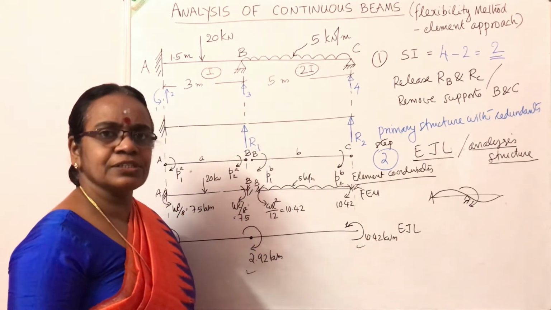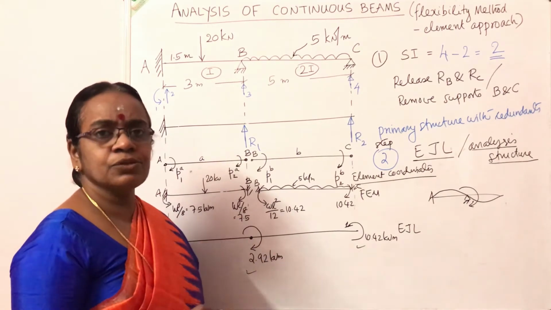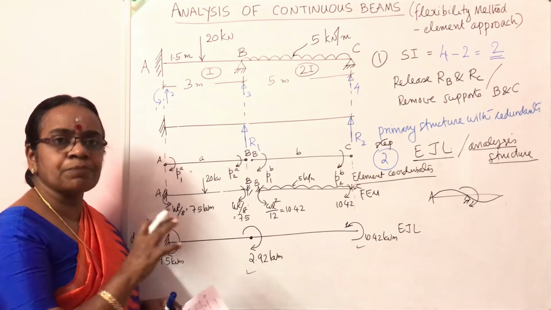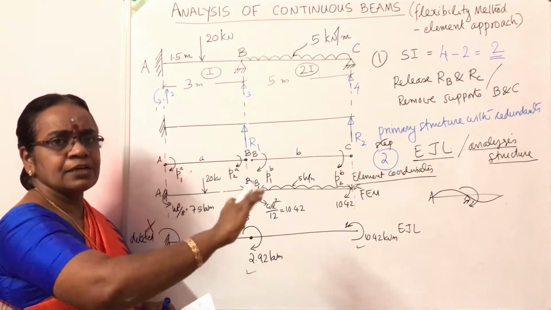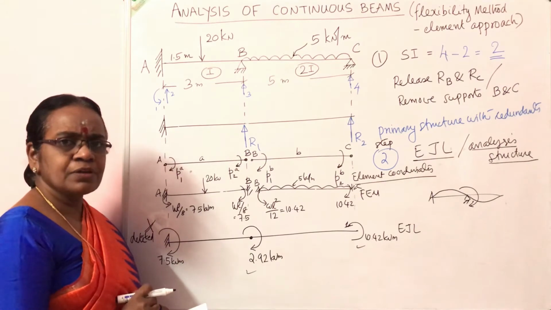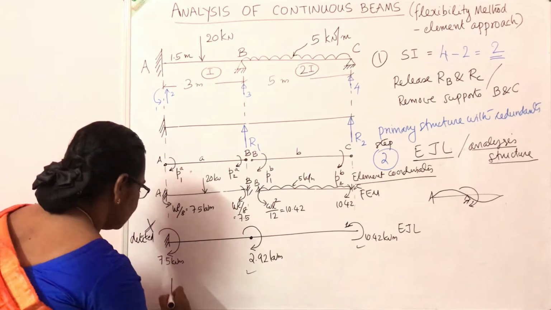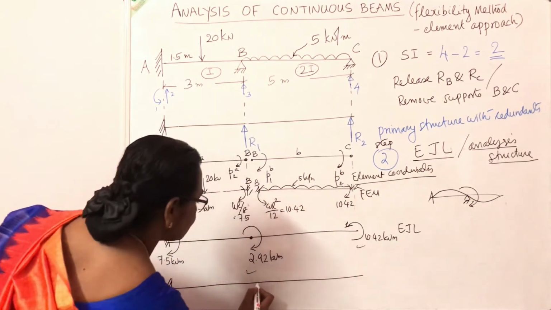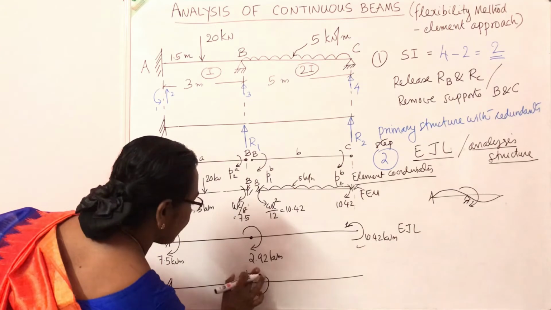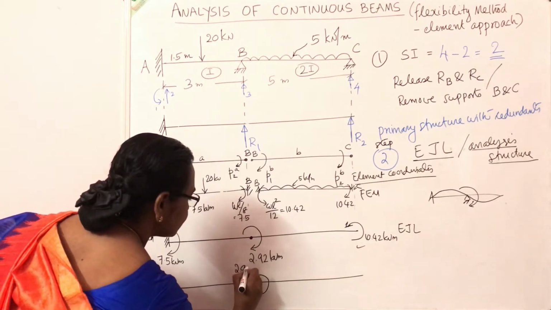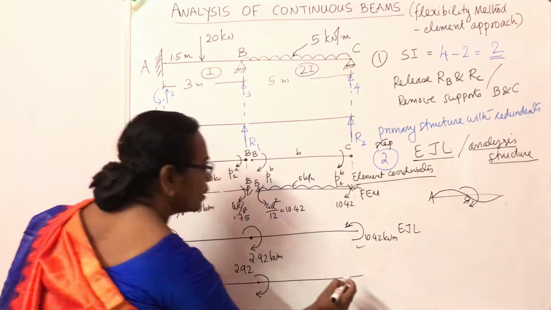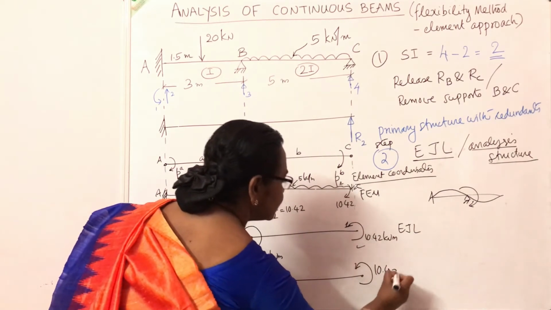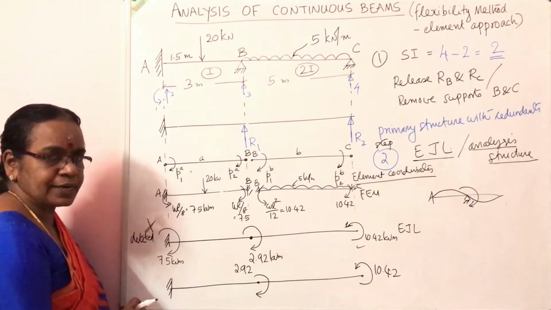So for the analysis structure, we can delete those moments and reaction components, if any, which are the support reactions. After deleting the unnecessary values, the structure is now a cantilever subjected to 2.92 kilonewton meter at B and 10.42 at C. This is required for analysis.